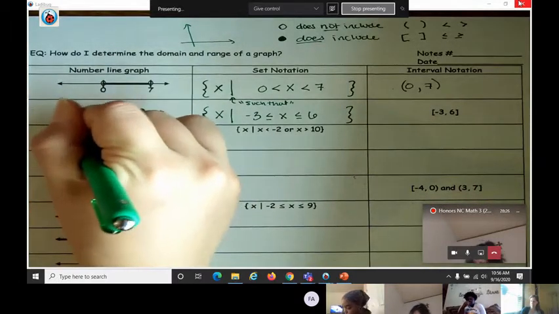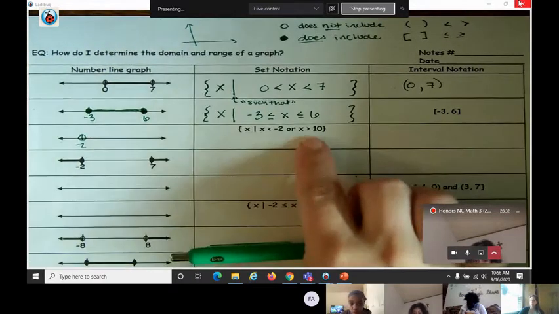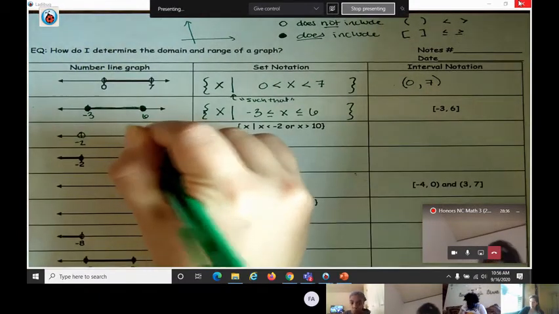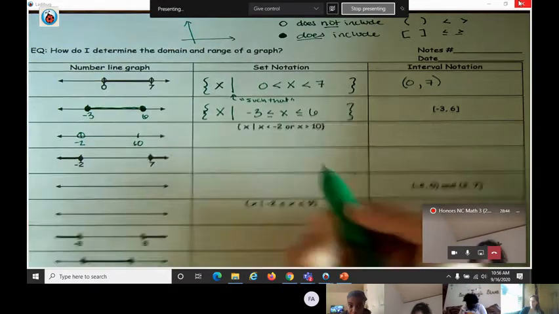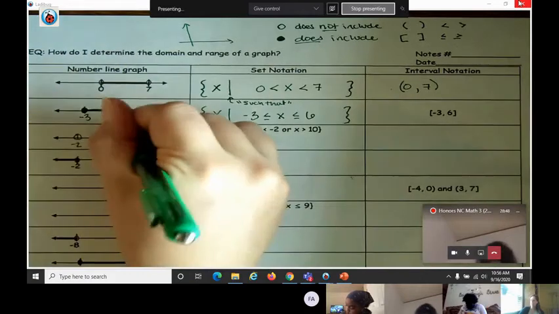Yeah. And then you would make one at 10. Yeah. And it's going to be closed. Well, look. Open. Yeah, good.